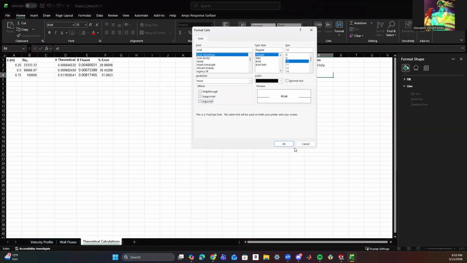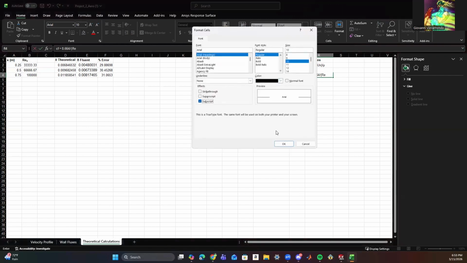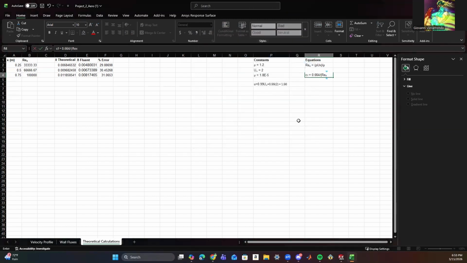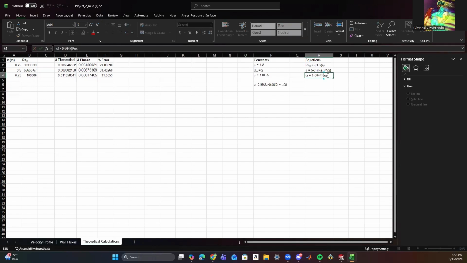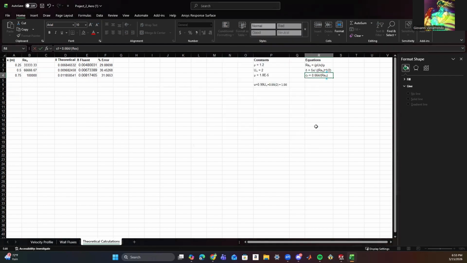Equals 0.664 divided by, again, Re x to the power.